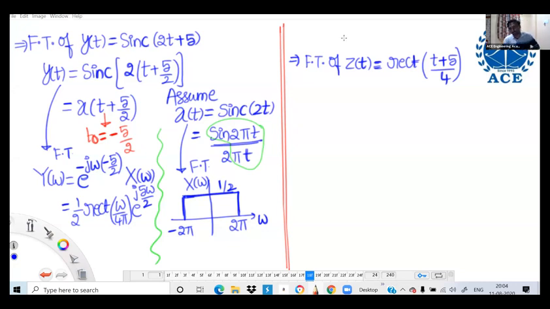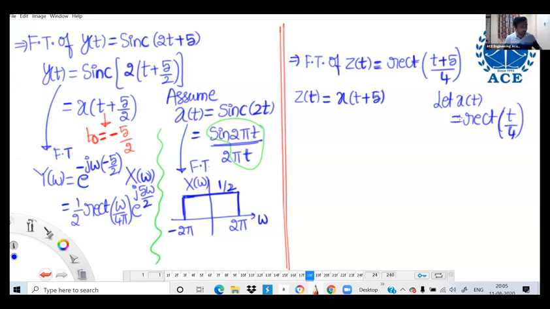Different answers you have given. Carry on, think. Rect t by 4 is the known signal. t naught becomes minus 5. z of t can be written as x of t plus 5, where x of t is rect t by 4.